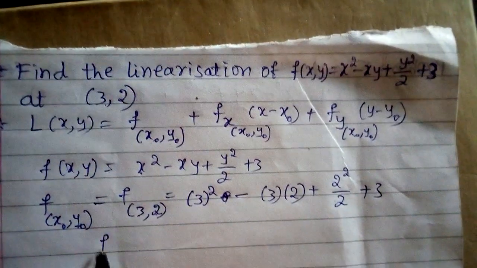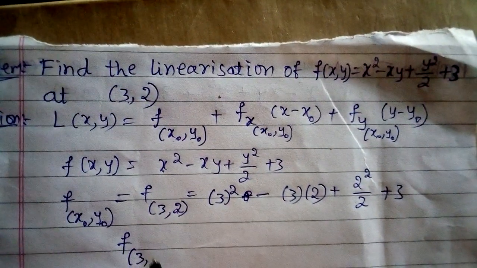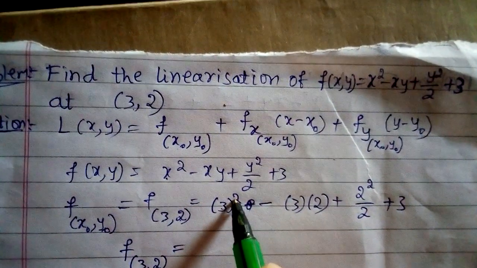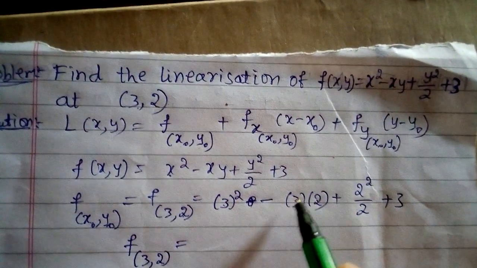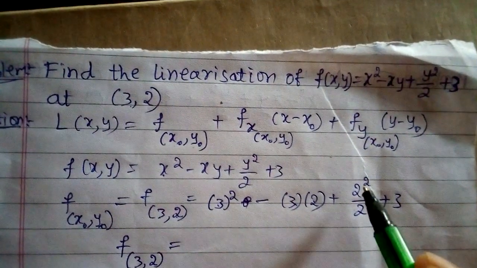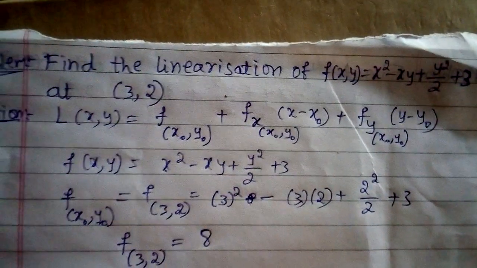Then function f at point (3,2) is: 3² becomes 9, 3 into 2 is 6, 9 minus 6 is 3, and 2² by 2 is 2, 3 plus 2 is 5, 5 plus 3 is 8.